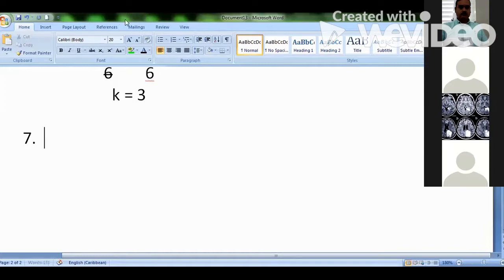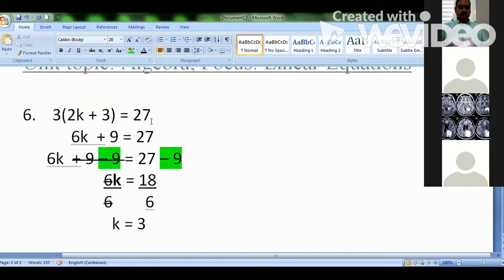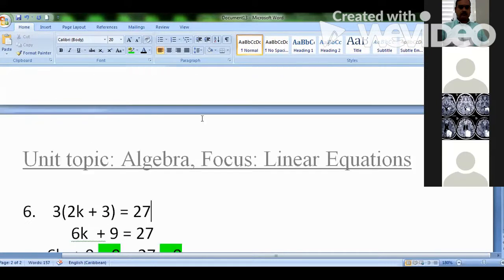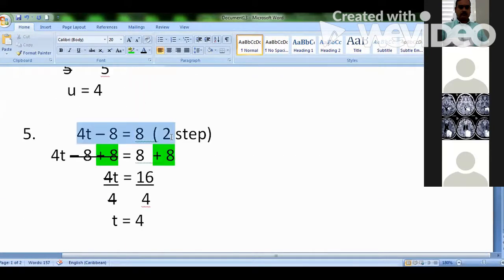So let's look at another question. This one is a little bit different, and I want you to tell me the difference between this question and what we've been doing before. What's the difference between this question and that question?